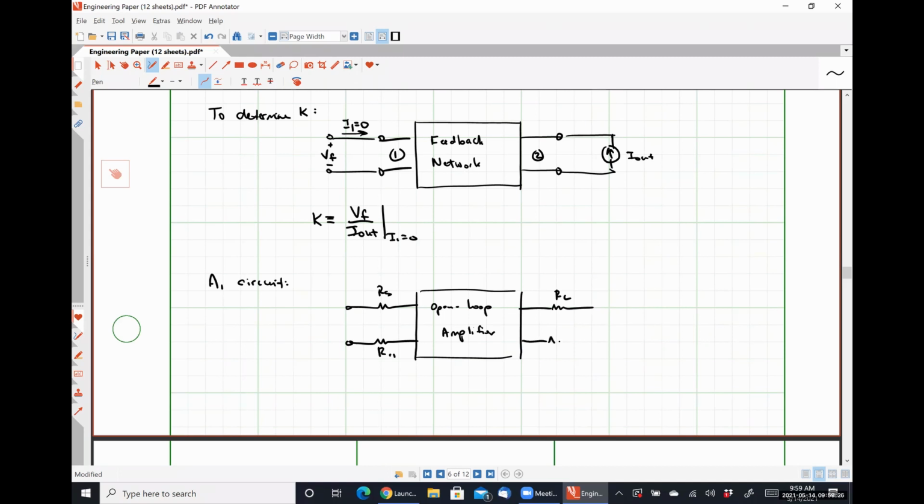RL goes here. R22 goes here. Here is our output current. This is also the pair of terminals where we break open to look for our output resistance. And then on the other side, we have our signal voltage Vs. This is where we look in to find our VI, and our open loop gain A1 will be defined as the ratio of I out over VI.